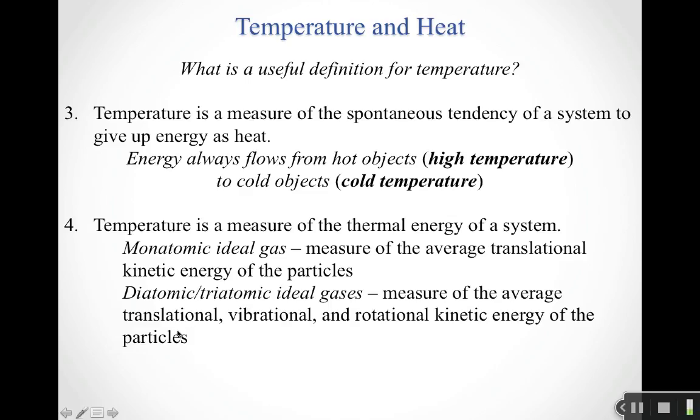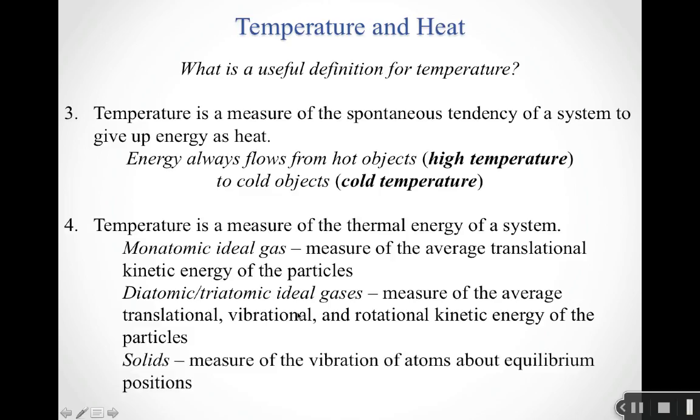And so now that whole system can move, so it's got translational kinetic energy. I can stretch that spring back and forth so that those particles move back and forwards, away and towards each other, and then I can let the whole thing rotate around. So I just have more ways in which that system can move, and so I'm measuring all of those kinetic energies when I measure the temperature.